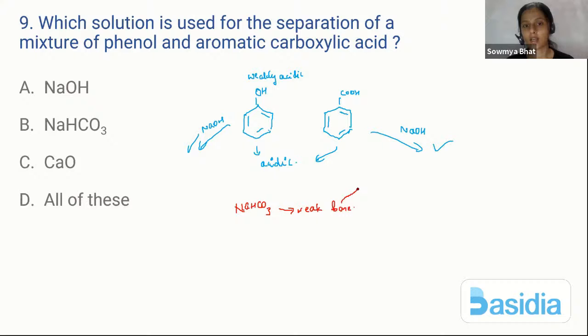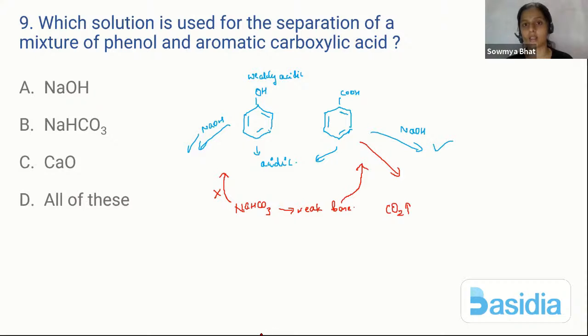So this can abstract a proton from the comparatively stronger acid, that is the aromatic carboxylic acid, but this is not strong enough to abstract the proton from less acidic phenol. So only this is going to react and this is going to produce the carbon dioxide bubbles.